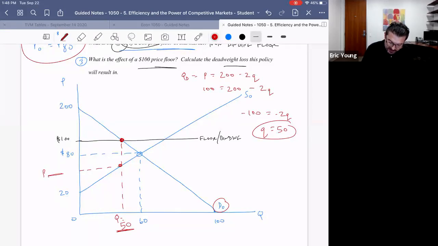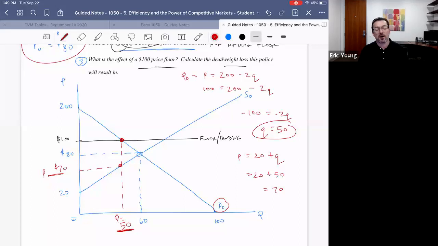Now that we have that, we can solve this because we're talking about a supply curve. The supply curve function was P equals 20 plus Q. Well, we know that we have the Q here of 50. So P will equal 20 plus 50 will equal 70.